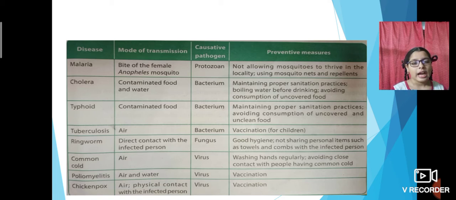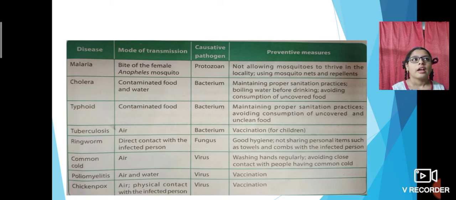So if you are exposed to a disease like malaria, you can prevent it by avoiding mosquitoes around your home, and you have to keep a clean home and clean surroundings. And for more preventive measures, you can keep net doors, like mosquito net doors.